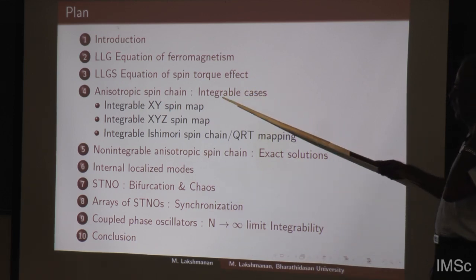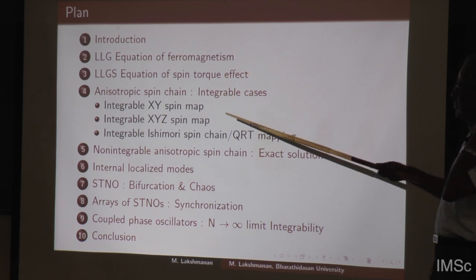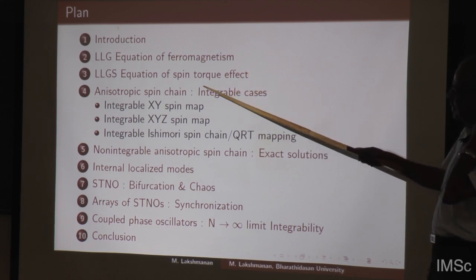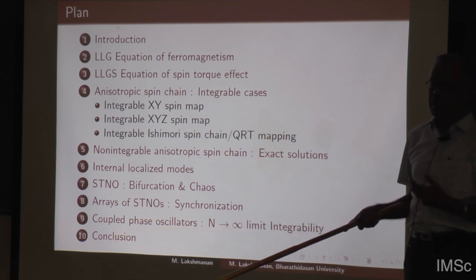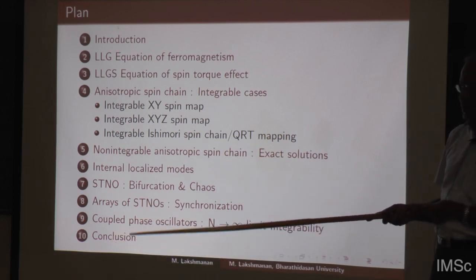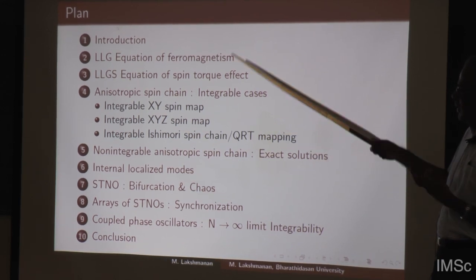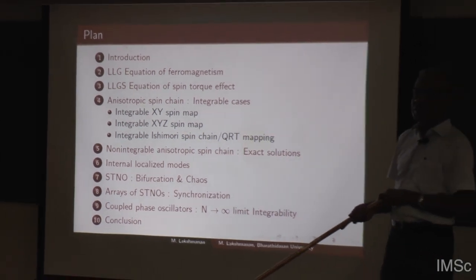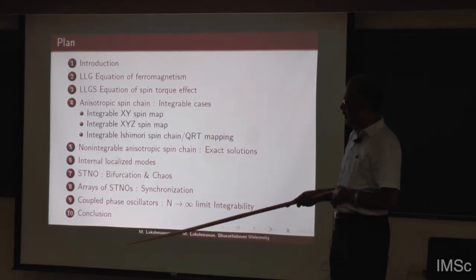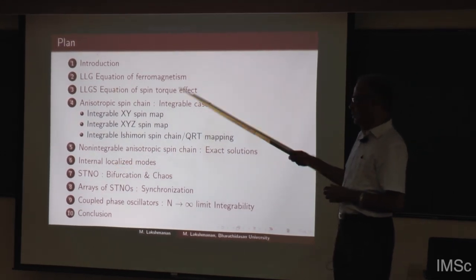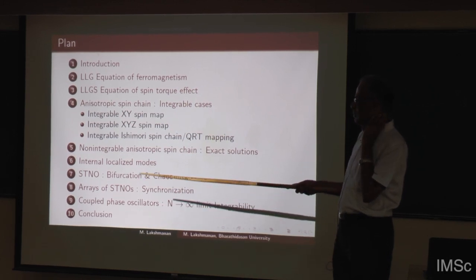And then I will point out that there exist many integrable cases, even if you consider discrete chains and continuum versions of these chains. In the beginning itself, I will point out there are many interesting integrable continuum versions of the ferromagnetic spin chain.